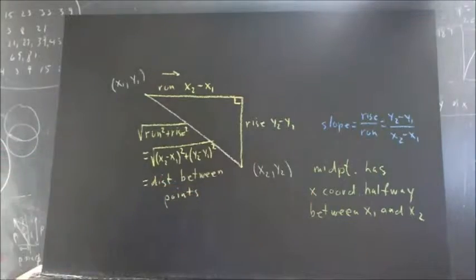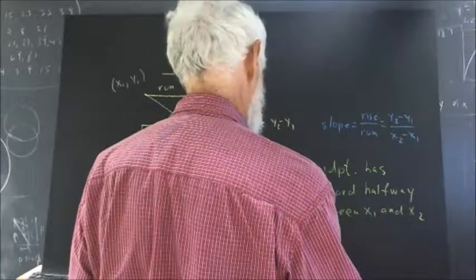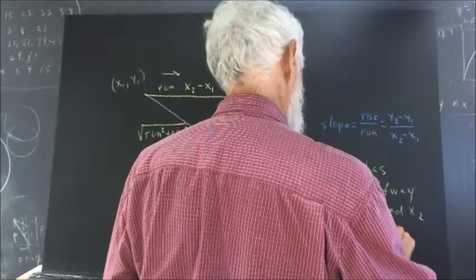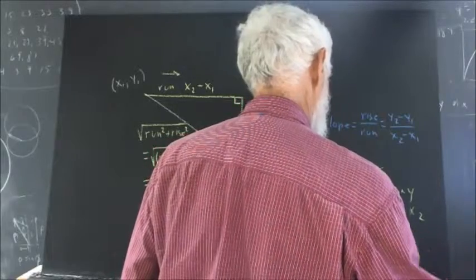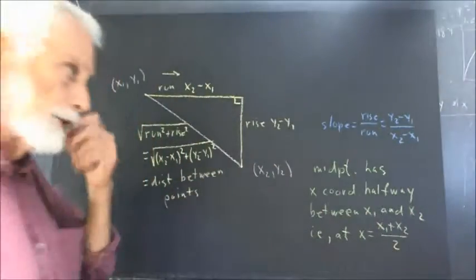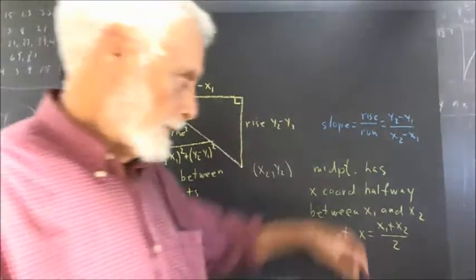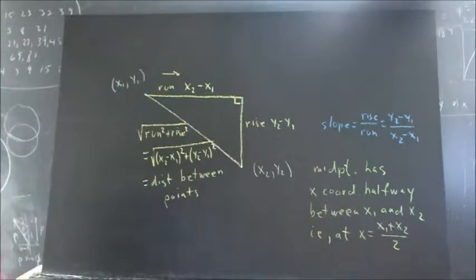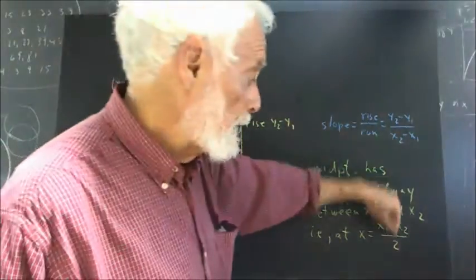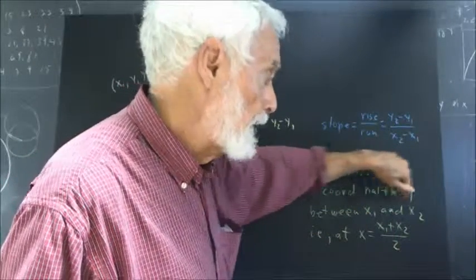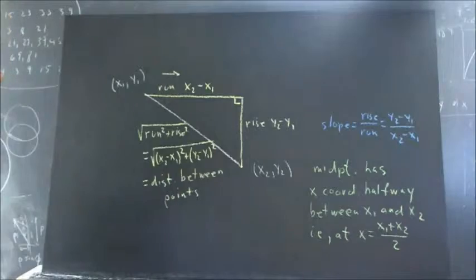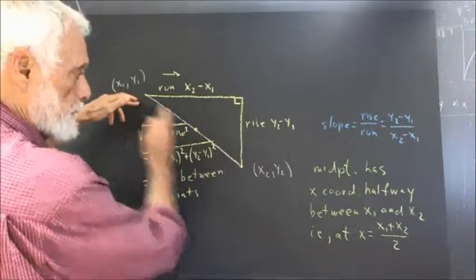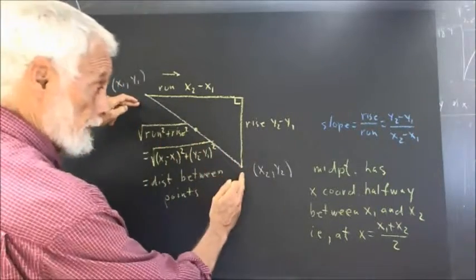Halfway between x1 and x2 is the average of the two, x1 plus x2 divided by 2. It doesn't matter if one of these is positive and the other is negative, or if they're both negative, or both positive. Makes no difference. If you add them and divide by 2, you get the number that's exactly halfway between on the number line. And of course, the x-coordinate of the midpoint should be exactly halfway between here and here, wherever here and here happen to be.